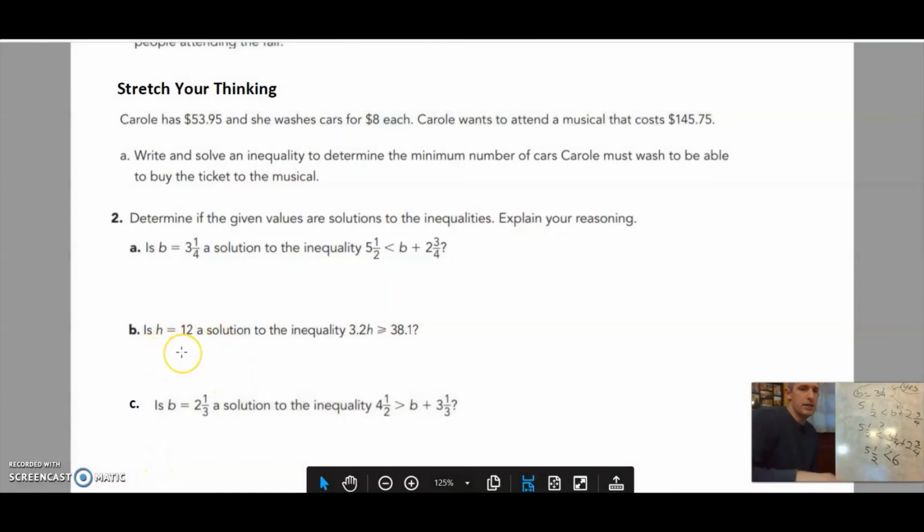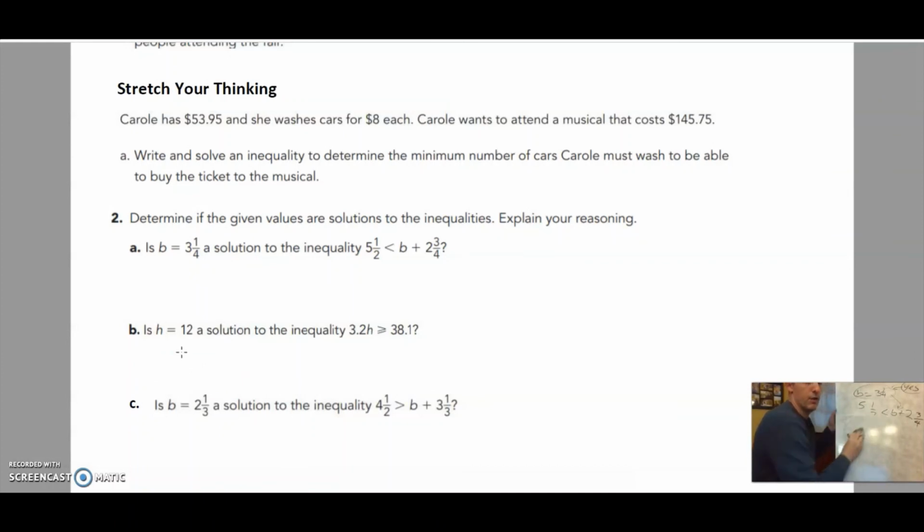Is h equaling 12 a solution to the inequality 3.2h is greater than or equal to 38.1? So let's write h equals 12, and our inequality is 3.2h is greater than or equal to 38.1.